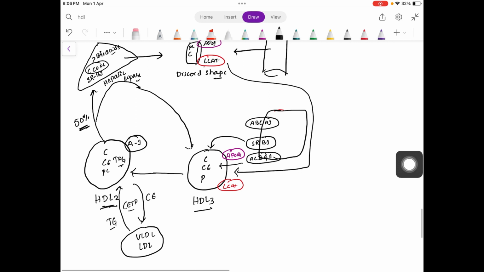These HDL2 molecules will have triacylglycerols, and this hepatic lipase will convert these triacylglycerols, and this HDL2 molecule is converted into HDL3 molecule. This hepatic lipase and endothelial lipase will help in conversion of HDL2 molecule into HDL3 molecule.